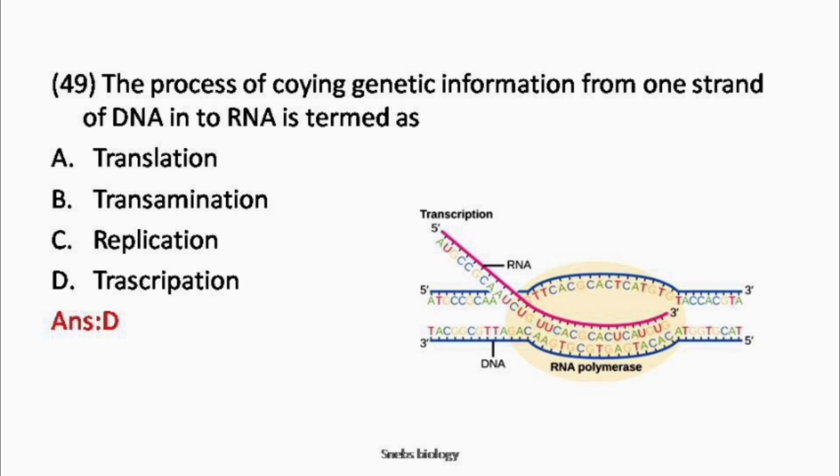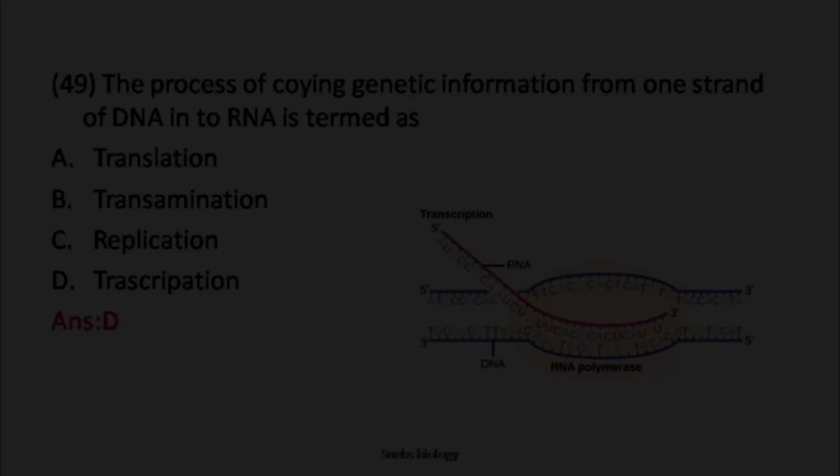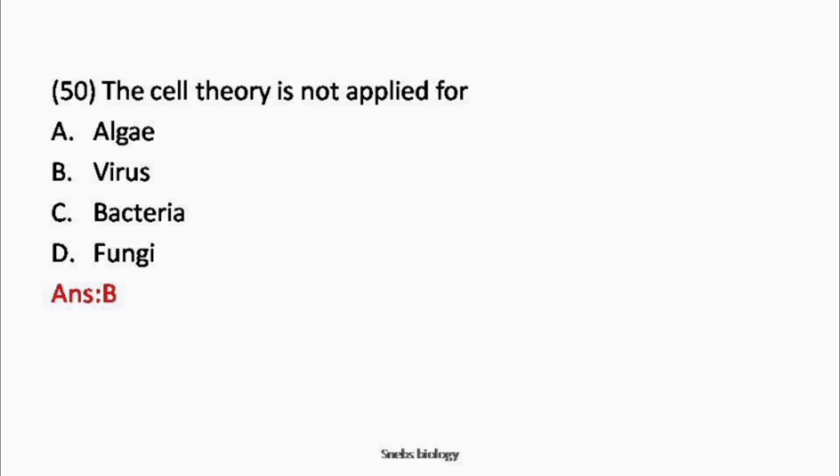Transcription is the formation of RNA from a DNA template, that is copying genetic information from one strand of DNA into RNA. Next, the cell theory is not applied for option A, algae, option B, virus, option C, bacteria, and option D, fungi. So the cell theory is not applied for option B, virus.